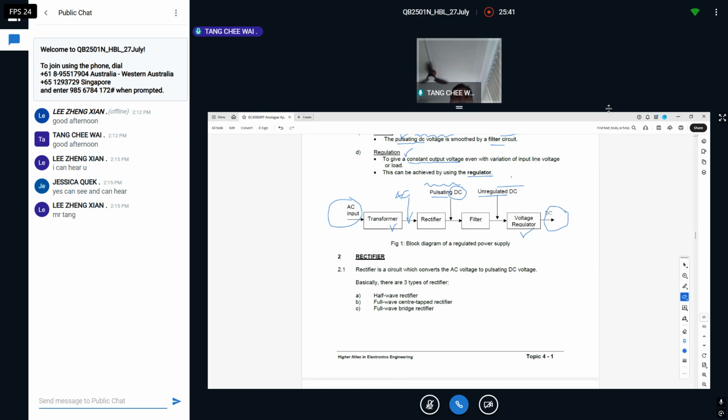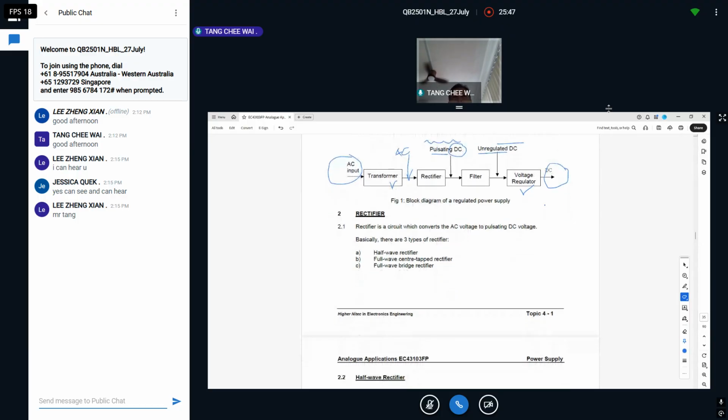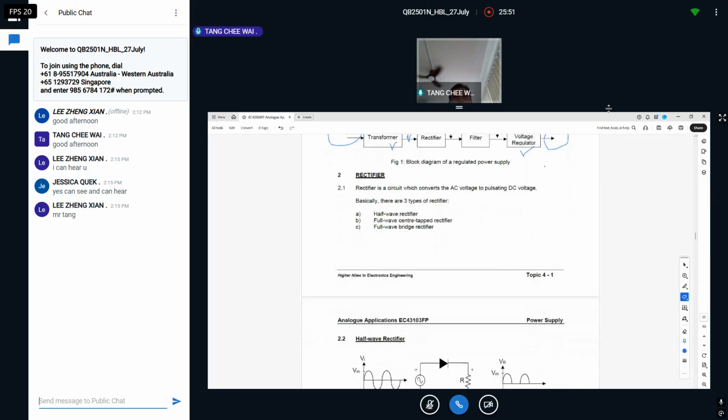Thank you. All right, now we go a little bit more in depth on each of the circuits, starting with the rectifier. Again, what is a rectifier circuit? Just remember the keywords: it converts AC voltage to DC voltage. That is the purpose of a rectifier.